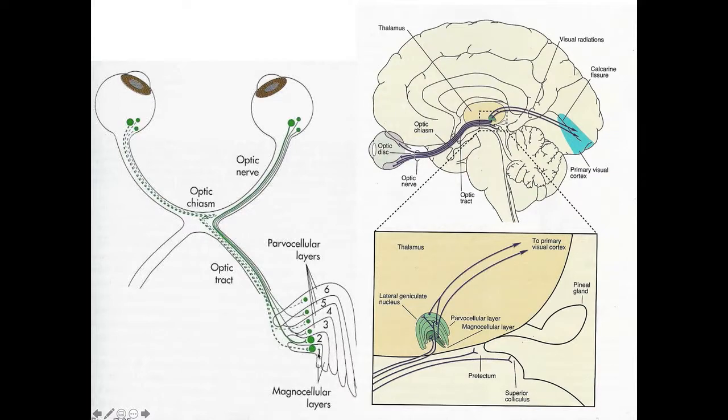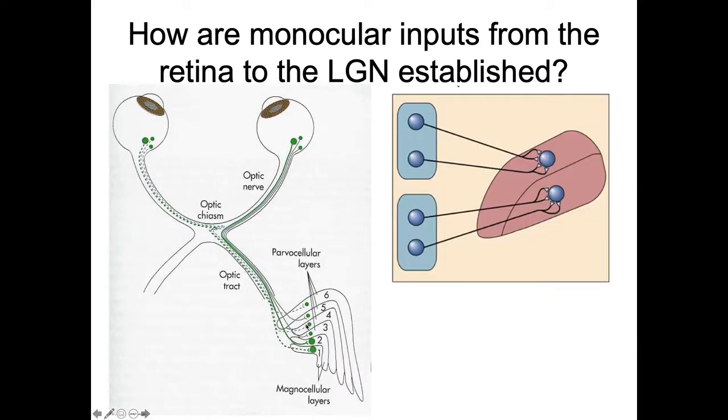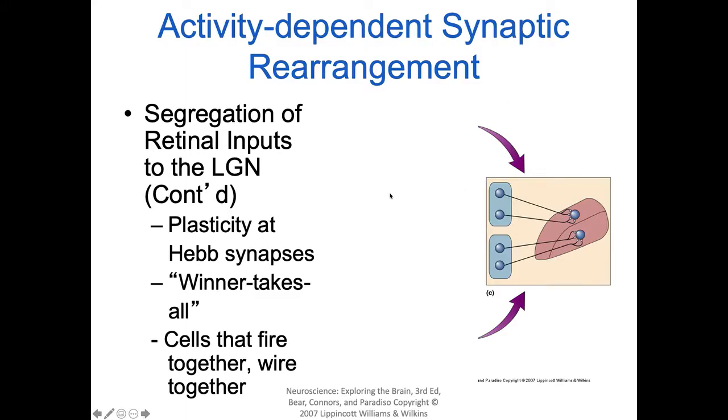This kind of specificity is really interesting. So how is this specificity actually established? We can see one eye going to this layer, another eye coming into this layer. That's the depiction being shown there. The principle here is that there's plasticity at these Hebbian synapses.